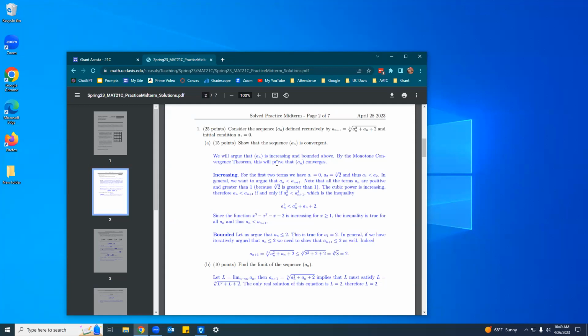It's a really good way to show that something like this diverges. If you take the limit of that sequence, it's going to be not 0.